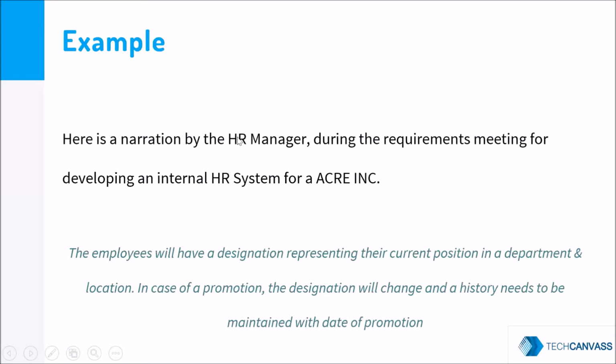To get a flavor of implicit requirements, let's understand a simple example of an HR system. There is a requirement stated in a couple of sentences. It says the employees will have a designation representing their current position in a department and location. In case of a promotion, the designation will change and a history needs to be maintained with the date of promotion.